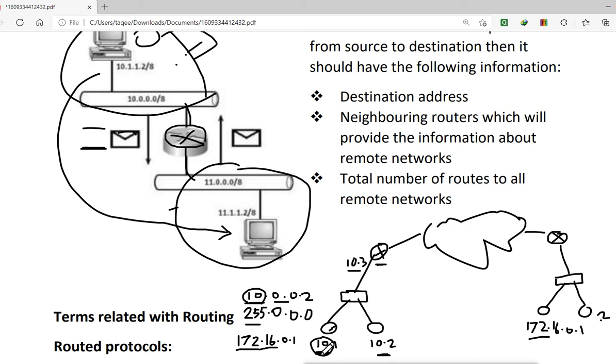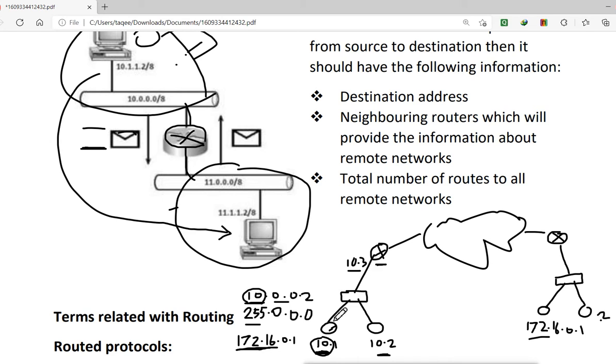The network is 10. So if we try to ping this IP from this machine, the machine says I cannot reach that IP because it does not belong to my network, and if I want to go to that network, then I have to go through the gateway.